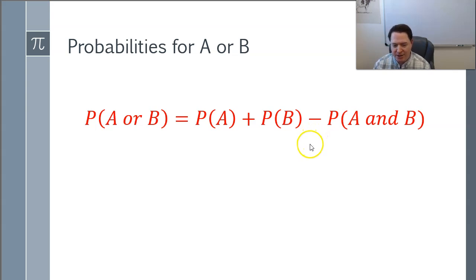I'm going to get to that in just a second. So this is our base formula for that. What I'm essentially doing is considering these events individually, which is usually easier to think about. I'm going to add up those probabilities of the individual events occurring, and then I'm going to subtract off the probability that they both occur.